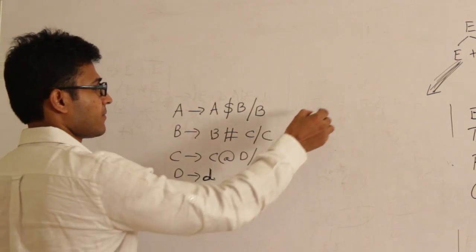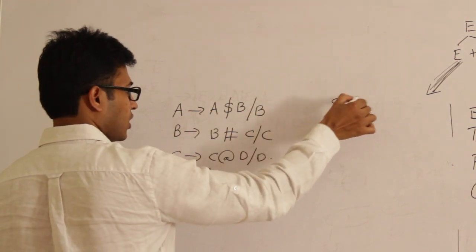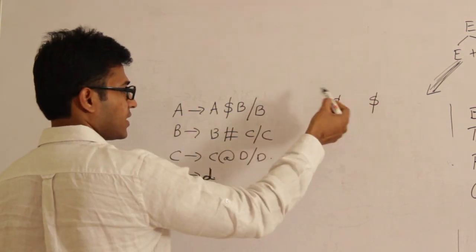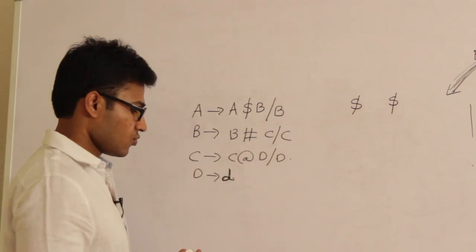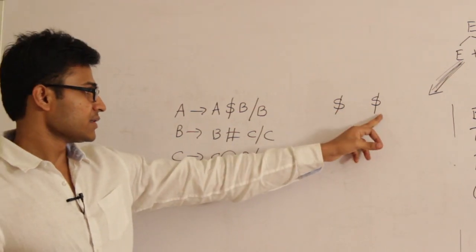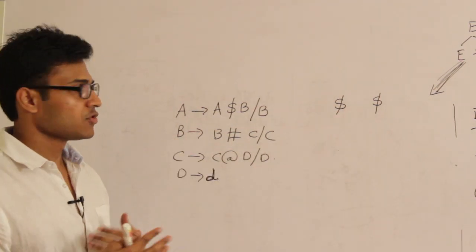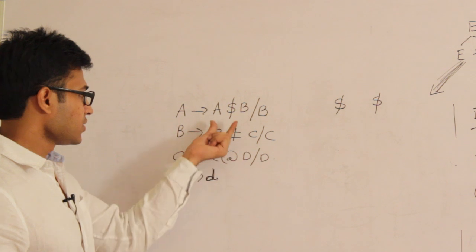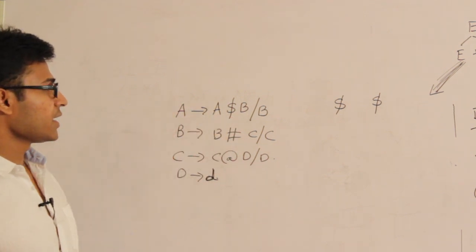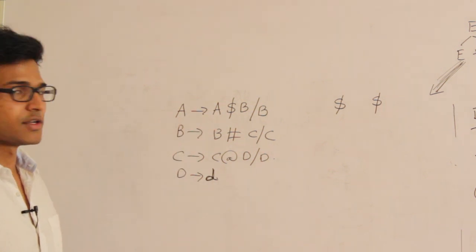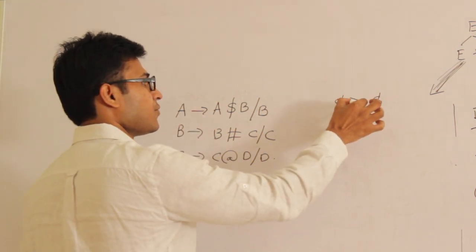Therefore if I have two $ operators in an expression, with some operands in the middle, which one should be evaluated first? According to this grammar, the left one should get the highest precedence because it is left associative.